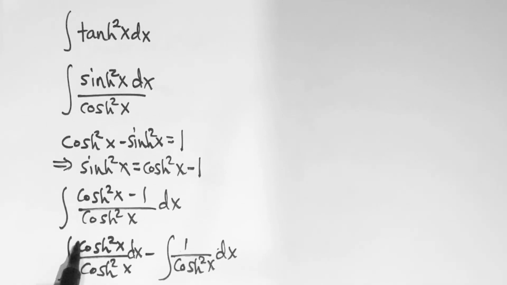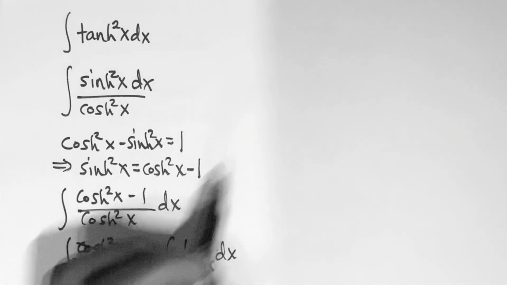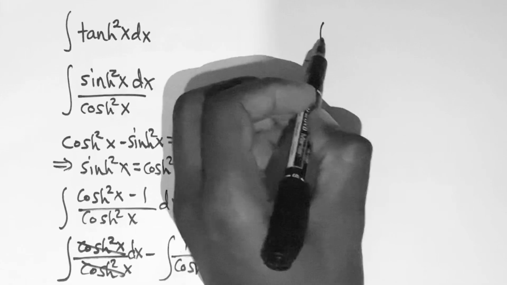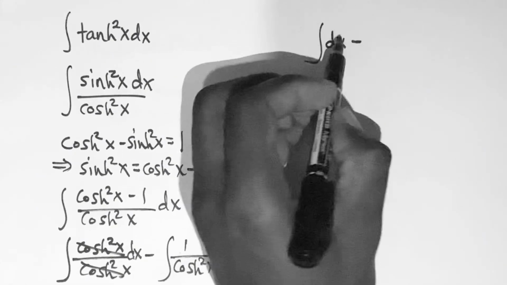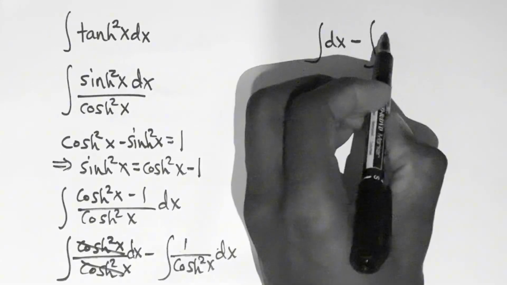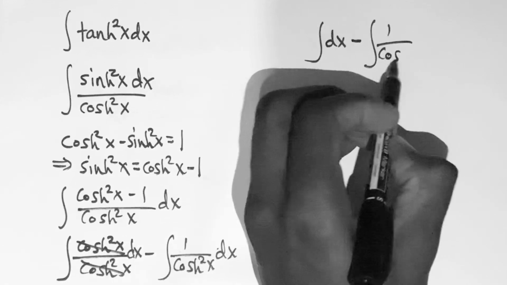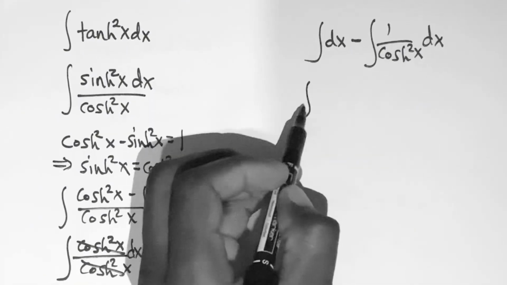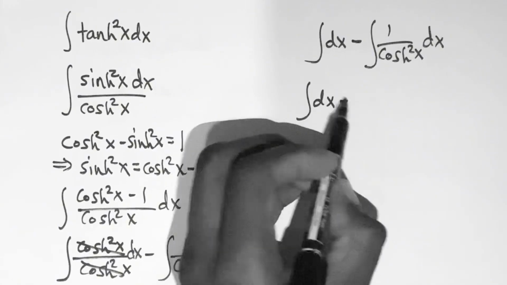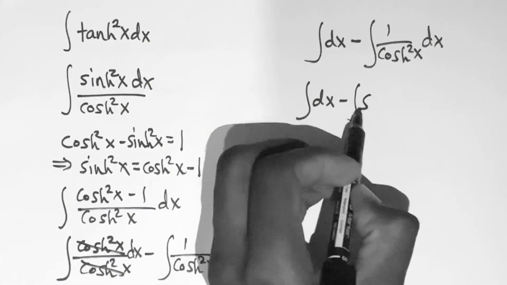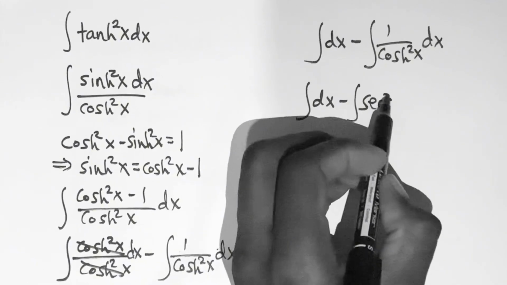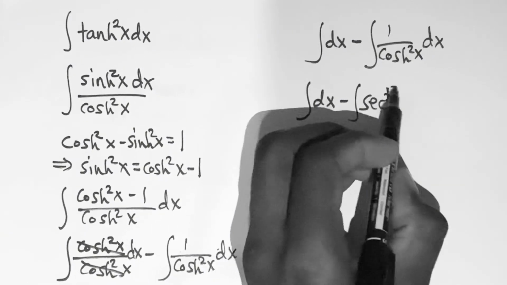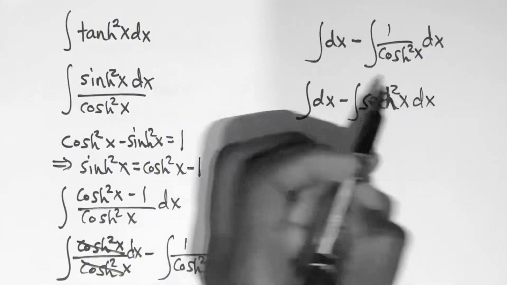So this cosh squared x and cosh squared x can cancel out. So you are left with the integral of dx, then minus the integral of 1 divided by cosh squared x dx. So this is equal to the integral of dx minus the integral of hyperbolic sec squared x dx.